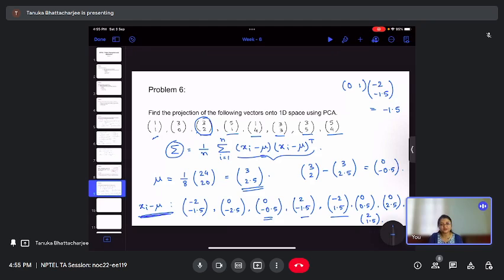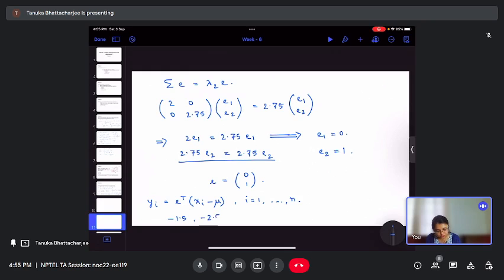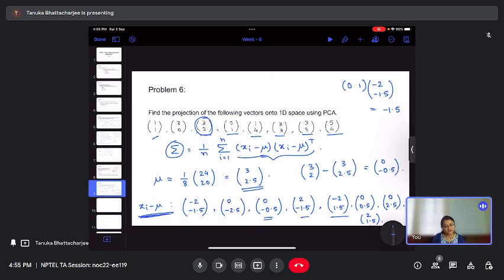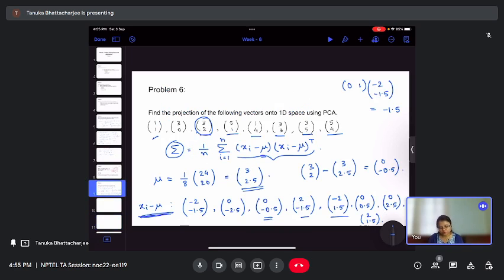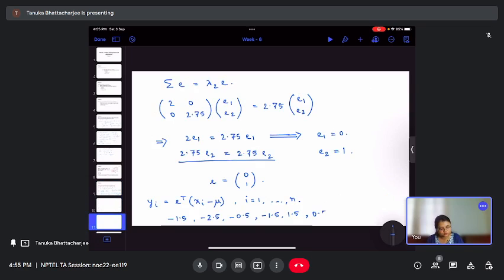For the second, it will be minus 2.5, then minus 0.5. Then you have minus 1.5, 1.5, 0.5, 2.5 and 1.5, 0.5, 2.5, 1.5. So, these are basically the projected data along the direction of projection according to PCA.